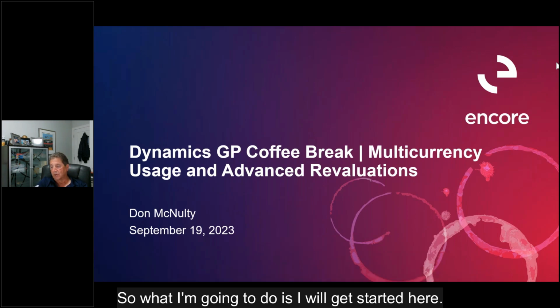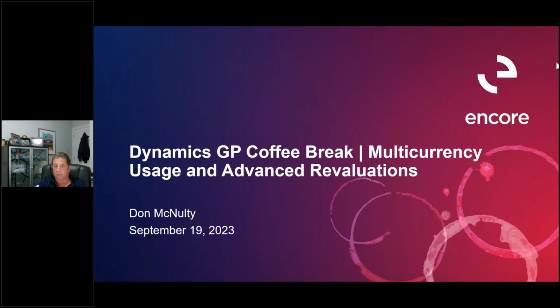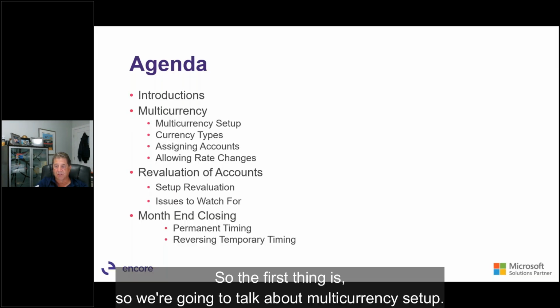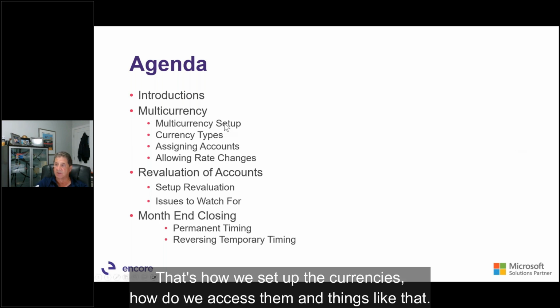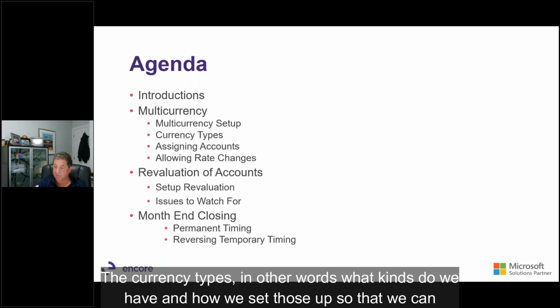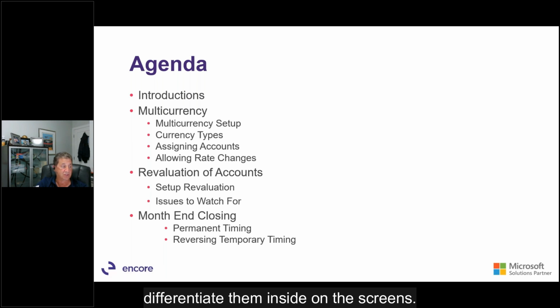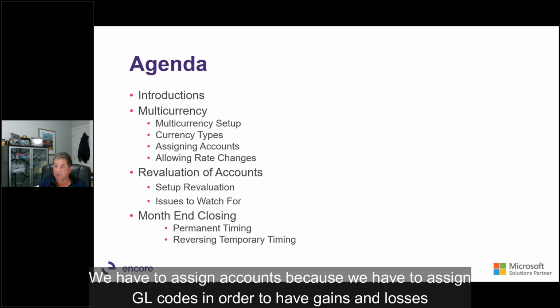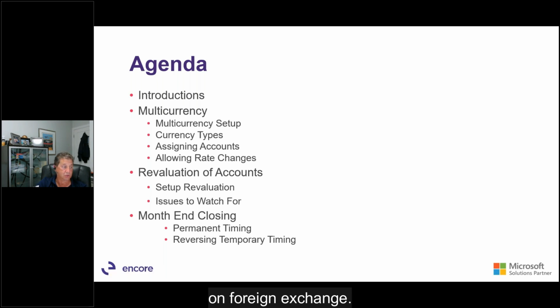So what I'm going to do is get started here. The first thing is multi-currency setup. That's how we set up the currencies, how do we access them and things like that. The currency types, in other words, what kinds do we have and how we set those up so that we can differentiate them on the screens. We have to assign accounts because we have to assign GL codes in order to have gains and losses on foreign exchange.